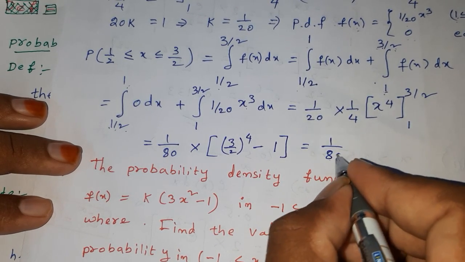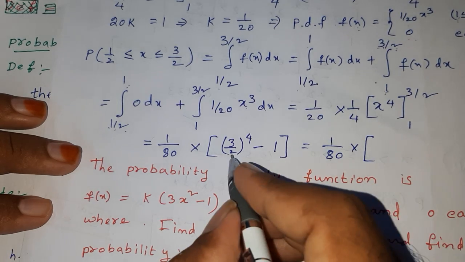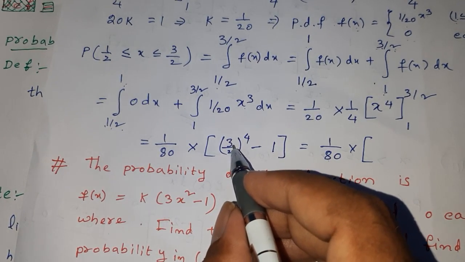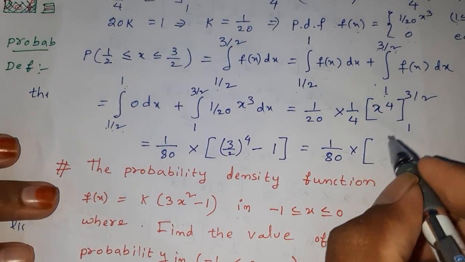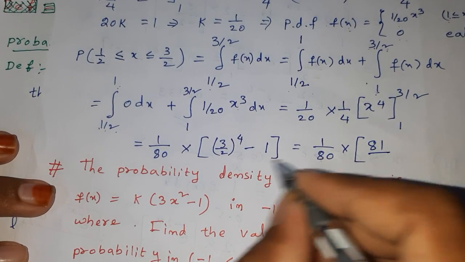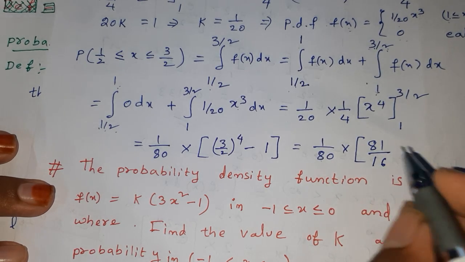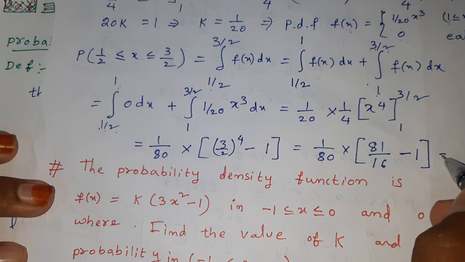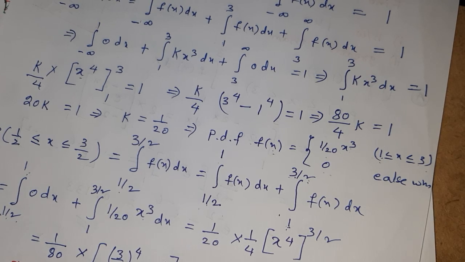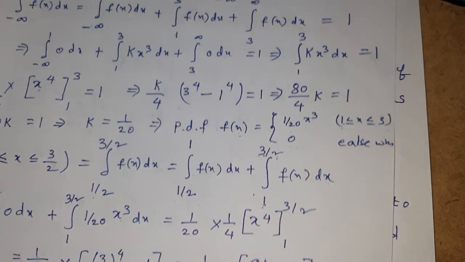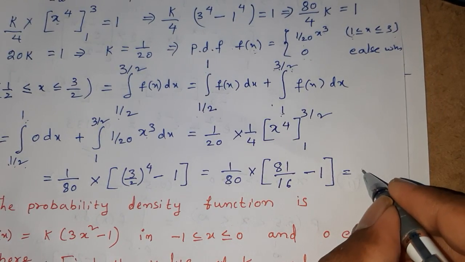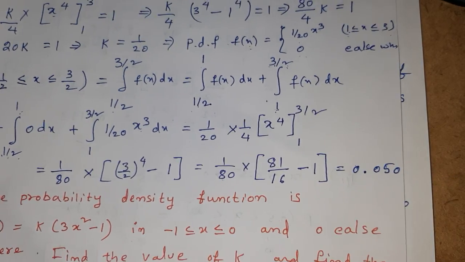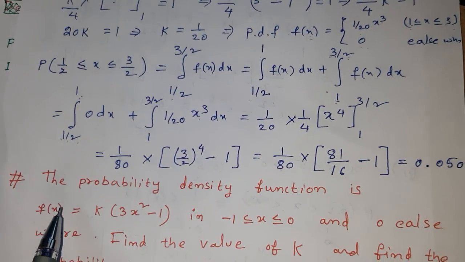That is 1/80 into, 3 into 3 is 9, 9 into 3 is 27, 27 into 3 is 81 by 16, since 2 power of 4 is 16, minus 1. This value is 0.050. Now let us go to the next problem.